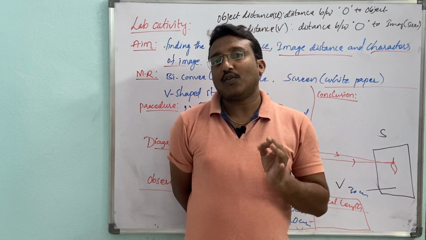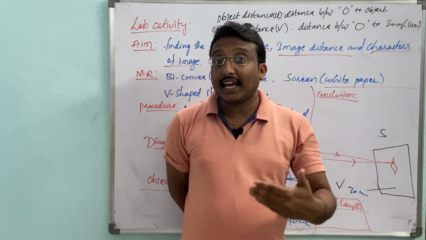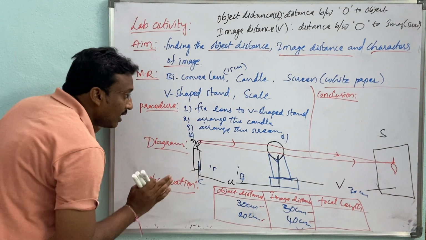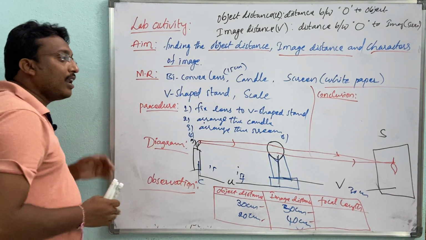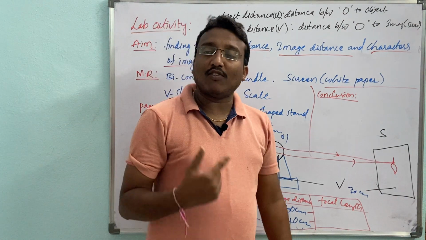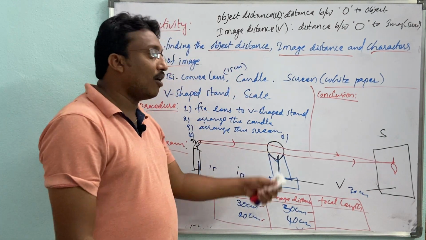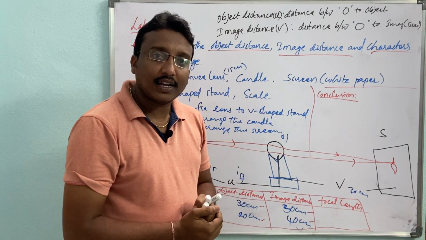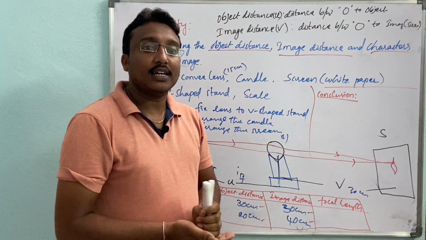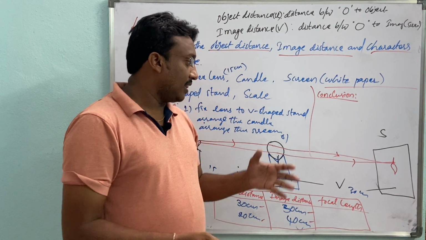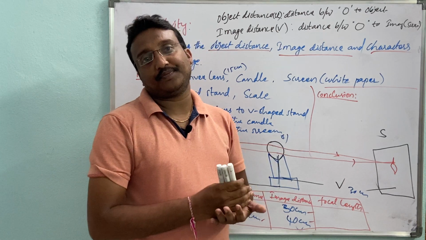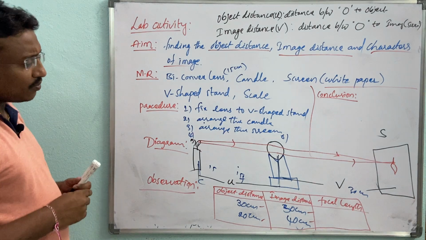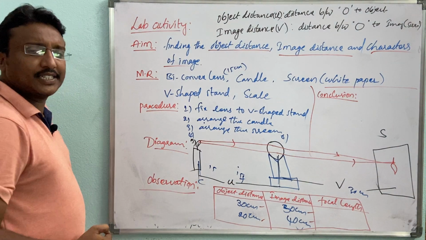In that case, you can see inside the lens. Then you are able to notice an erect image of the object. Erect image means correct image only, no? Right? It gives an erect image. That means we came to know that the image is a virtual image. Got it? And here, what is the minimum distance?